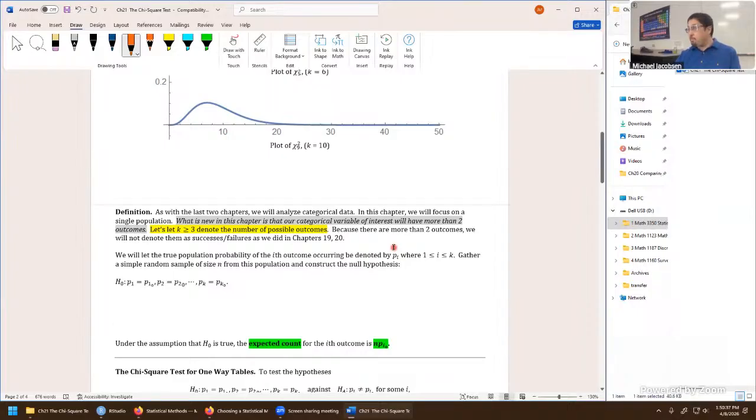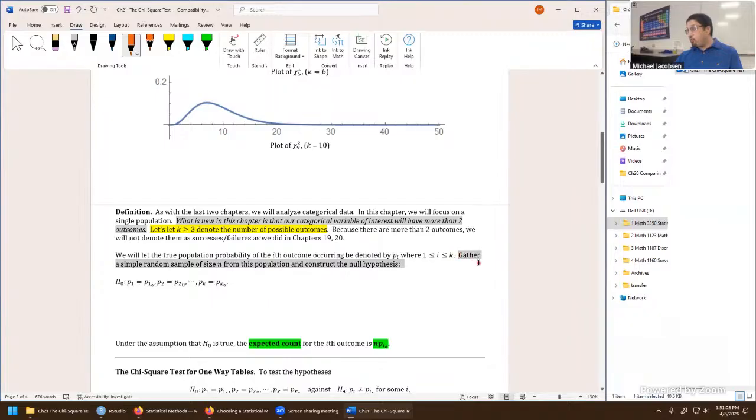Pi is going to be the true proportion of the outcome occurring. So if our variables are blood types, P1 might be the true population proportion that blood type A comes out. P2 might be the true population proportion that our response is blood type O, and so on. There's going to be K different values for P as we go from 1 to K, same as the number of outcomes.